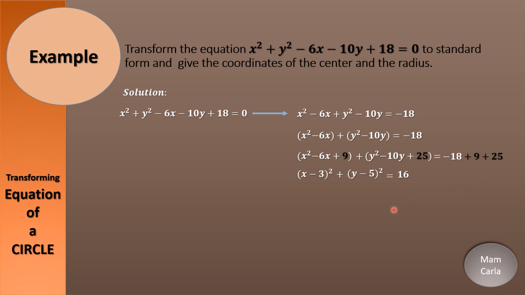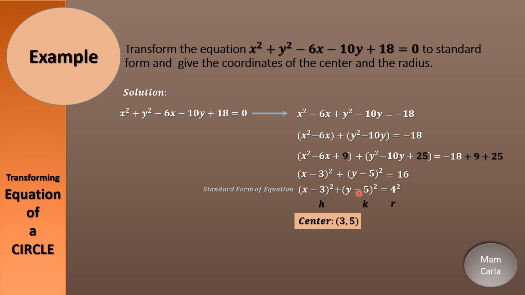And then transforming this into center radius form, we have the quantity x minus 3 squared plus the quantity of y minus 5 squared equals 4 squared. We can obviously determine now the coordinates of the center, which is h, k. So this is the h and the k, that will be the coordinates of the center, and the radius, which is r. So for the center, remember that if in this equation we have negative 3, we just get the additive inverse of negative 3, which is positive 3.